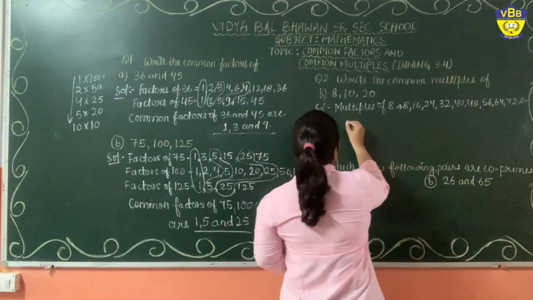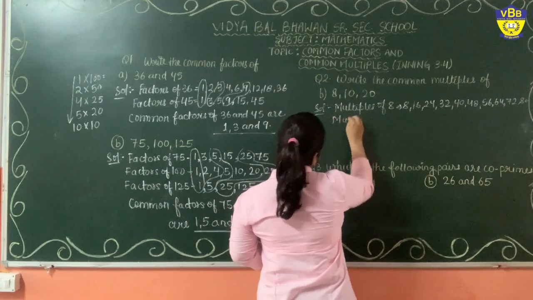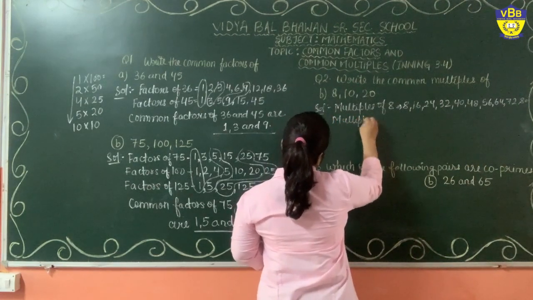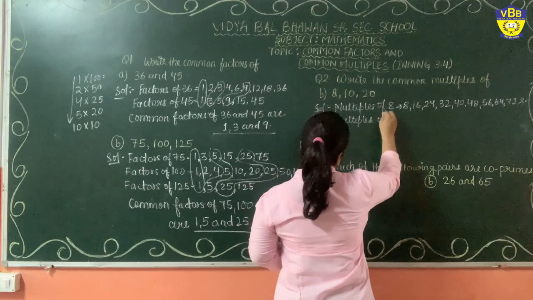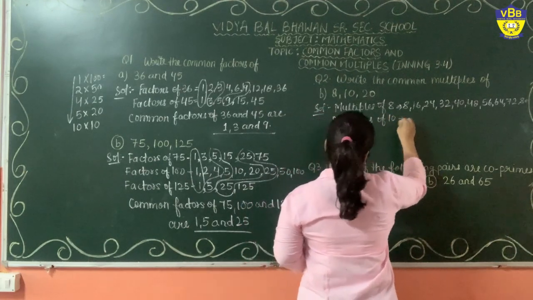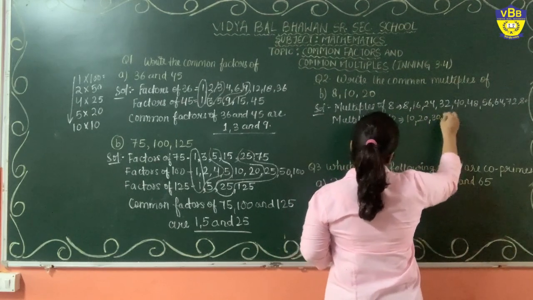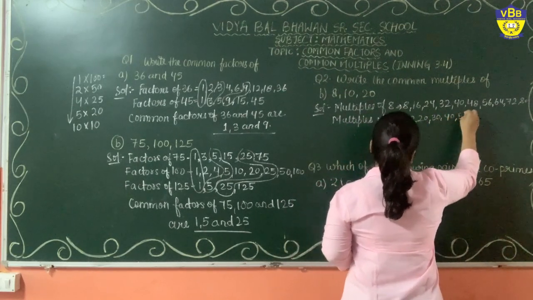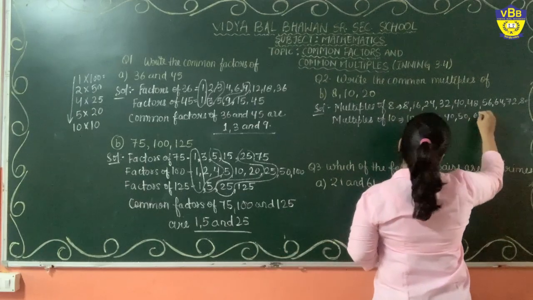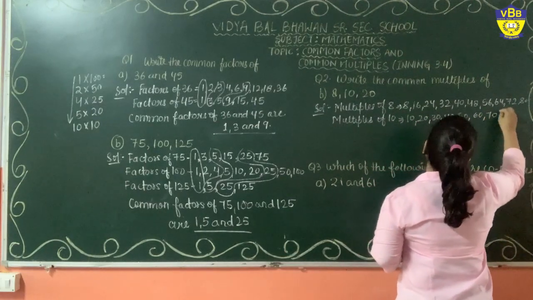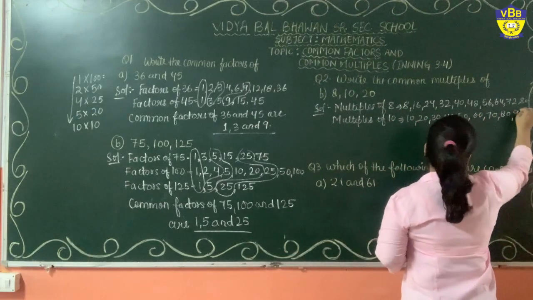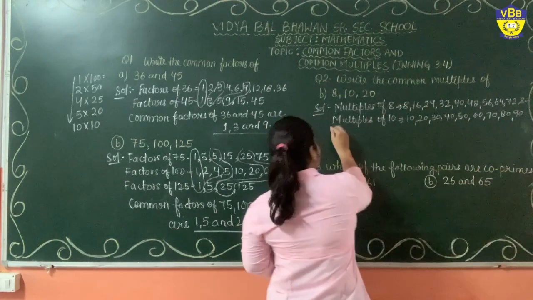After that, multiples of 10. Multiples of 10, that is 10, 20, 30, 40, 50, 60, 70, 80, 90 and so on you can write.